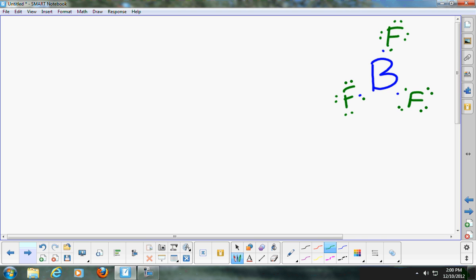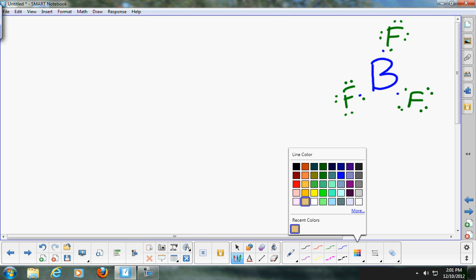Now on this one, you're going to have to use the tan, if you've got the tan, that has 3 holes that are not opposite each other. If you don't have that one, you might have a pink one. The pink might have 3 around the center. On this one, we pick the tan color.